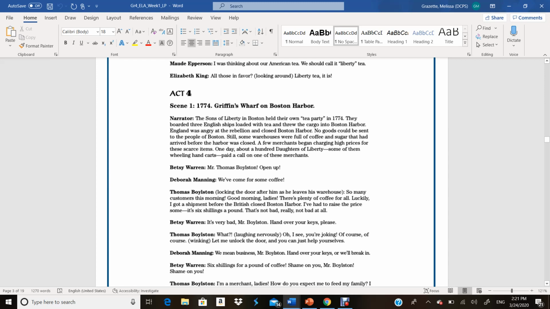Still, some warehouses were full of coffee and sugar that had arrived before the harbor was closed. A few merchants began charging high prices for these scarce items. One day, about 100 Daughters of Liberty, some of them wheeling handcarts, paid a call on one of these merchants.